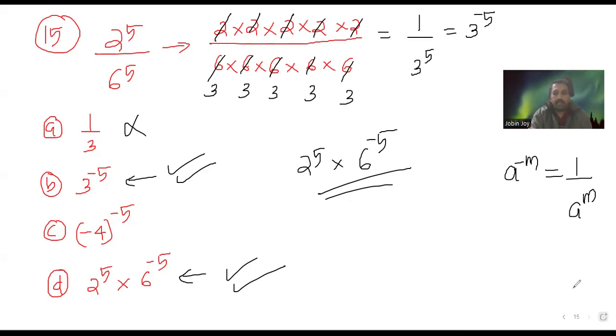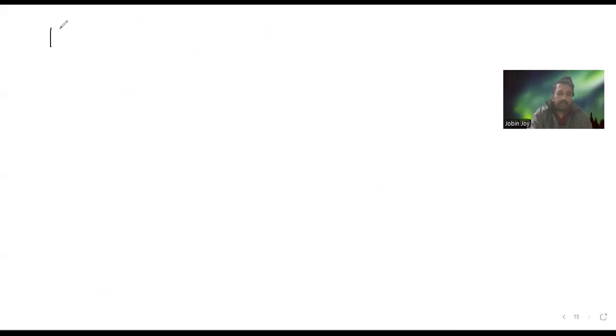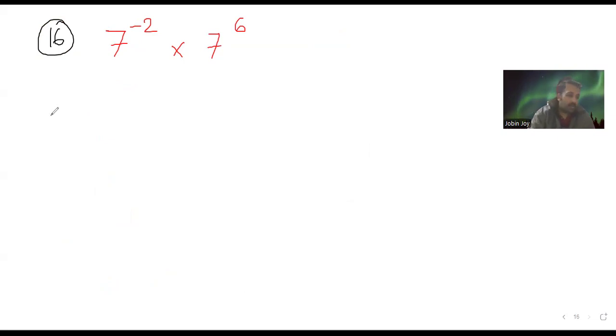Question number 16. Which expressions are equivalent to 7 raised to minus 2 into 7 raised to 6? Select 2 answers from 4 options. First option A is 7 raised to 2 divided by 7 raised to minus 2.